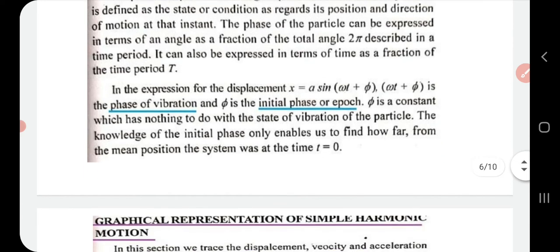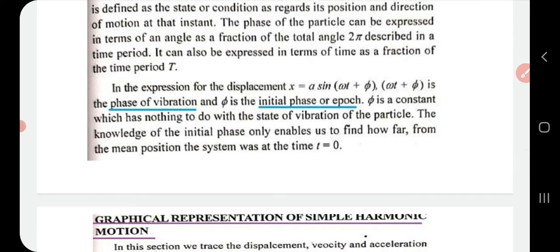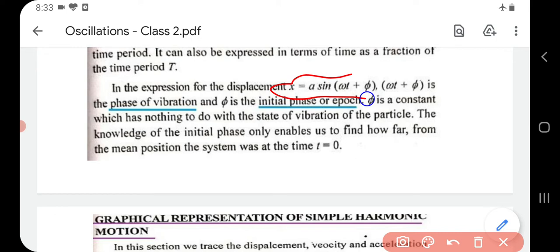Now let us see what is initial phase. This is the expression for displacement that we have already seen, x equal to a sin(omega t plus phi). Here, this omega t plus phi is called the phase of vibration and phi is called the initial phase or epoch. And it is a constant and it does not have anything to do with the vibration of the particle.